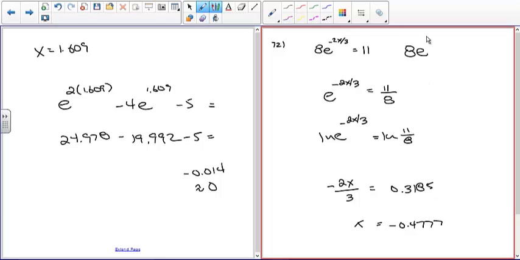So again, I can check this out. 8 times e to the minus 2 times negative 0.4777 divided by 3. Let's try that in my calculator. 8 times e to the negative 2 times negative 0.4777 divided by 3.